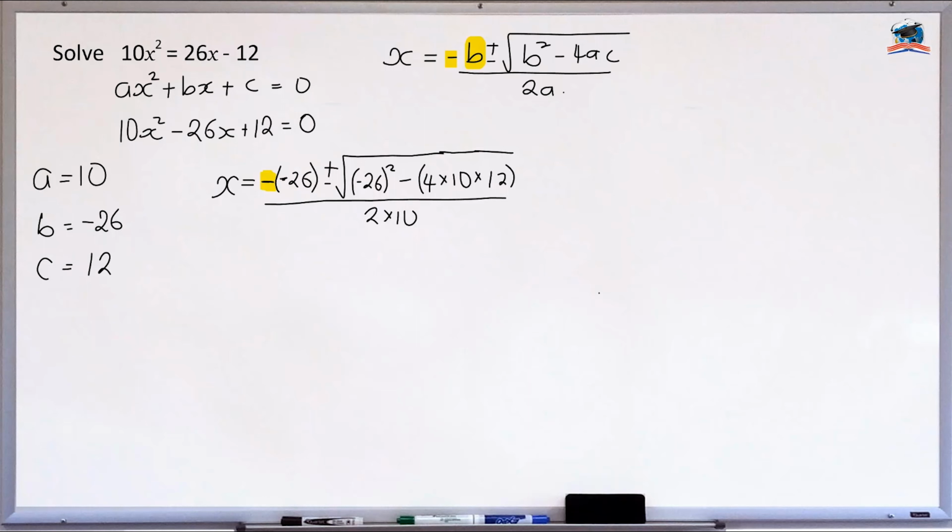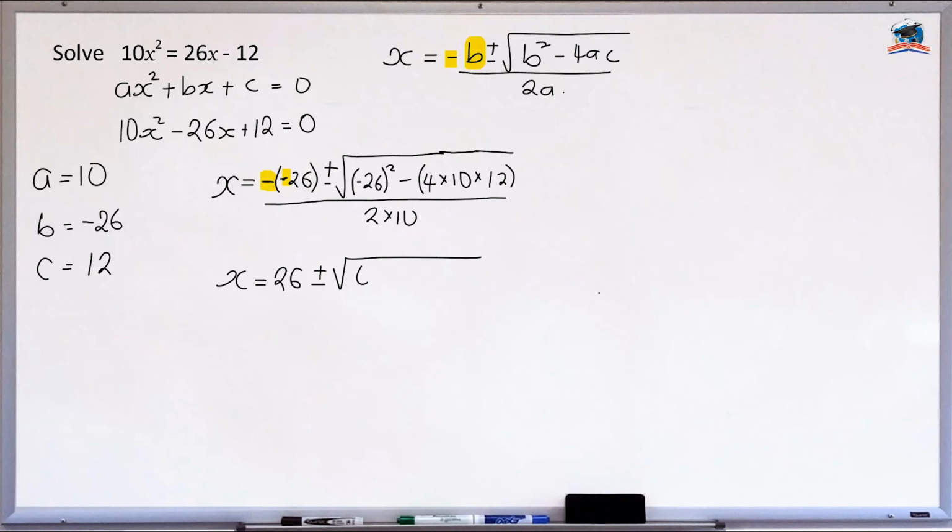Excellent. Let's proceed. We have x equal to minus minus 26. We have two negatives there, one minus outside the bracket and one minus which belongs to the b. So minus minus gives us a plus, a plus 26. But it will not be nice to leave the plus there, so we just leave it as 26. Then we have plus or minus the square root of minus 26 squared, that's minus 26 times minus 26, which gives us 676.